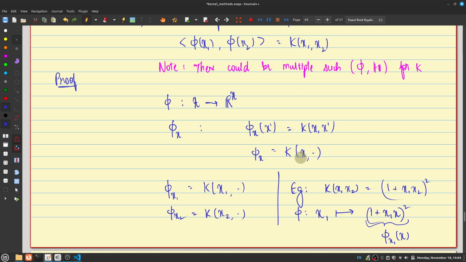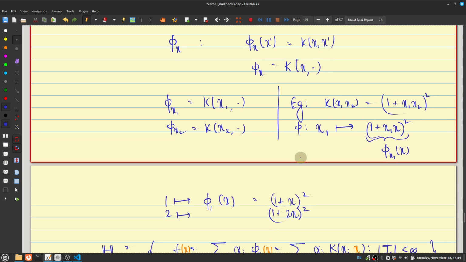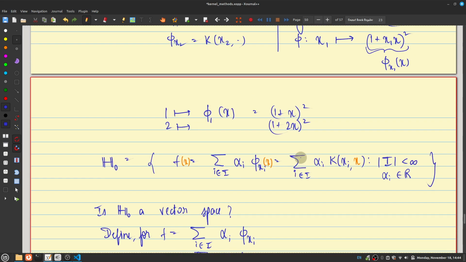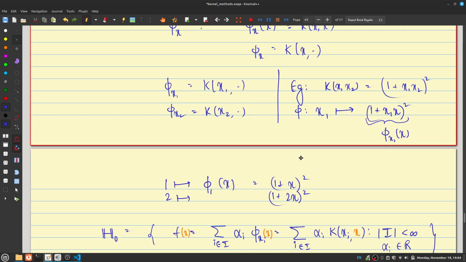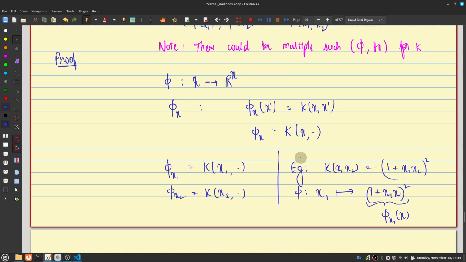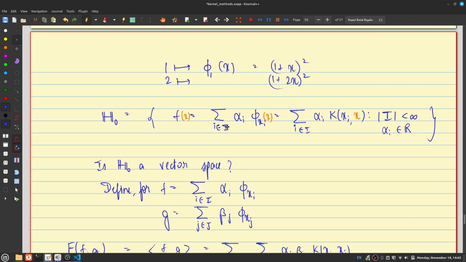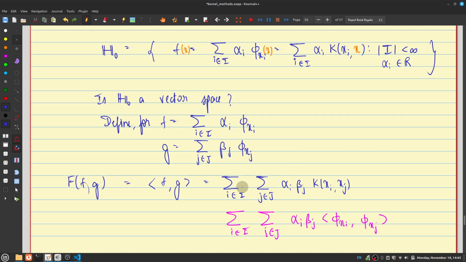So this defines a function. And we define the inner product between two elements. The Hilbert space that we started out with was the set of all finite linear combinations of these phi_x, and the inner product was defined as a linear combination of k of x_i, x_j's. So this holds true for all f, g in H naught.